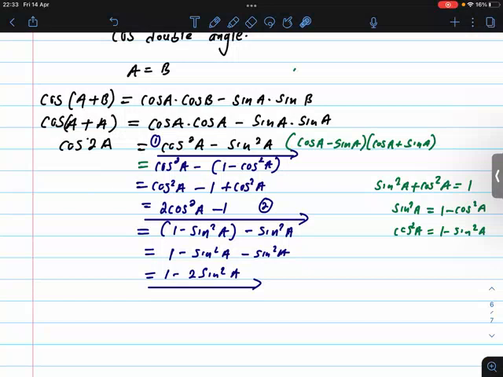When you are simplifying, it's important to know which of the 3 options you want to choose as your identity, because you're allowed to replace cos 2 alpha with either that, or that, when you're simplifying.